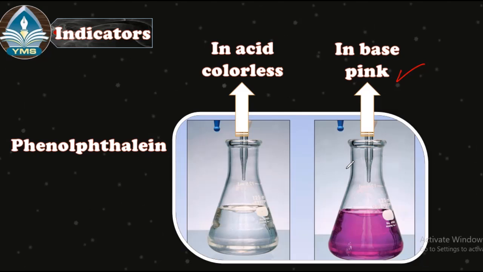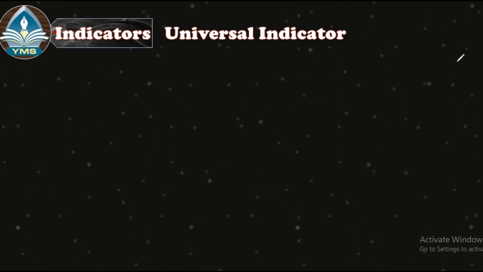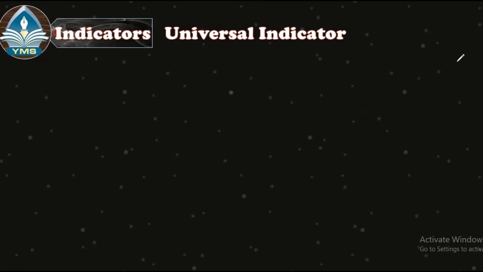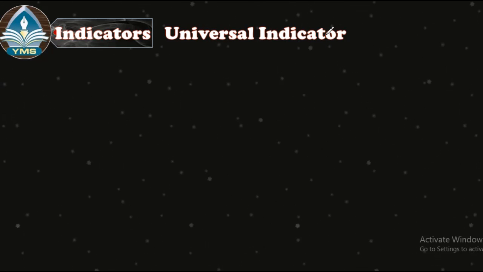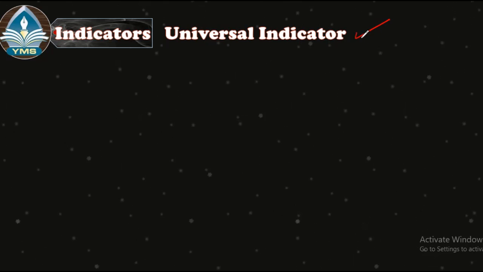These indicators just show us, they change the color according to the medium, and we know if it is an acid or a base. But do they tell us if it is a strong acid or weak acid? Is it a strong base or weak base? No, actually. Then we have another indicator which shows us the strength of acids and bases, we call it the universal indicator. How is it different from the others?